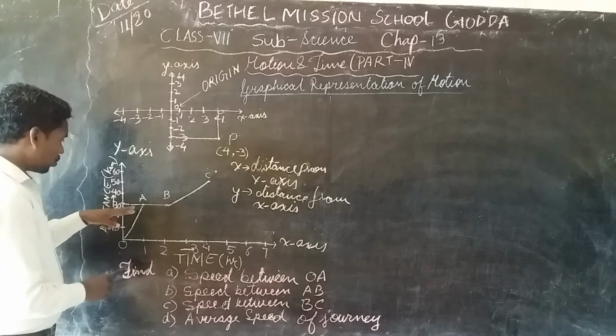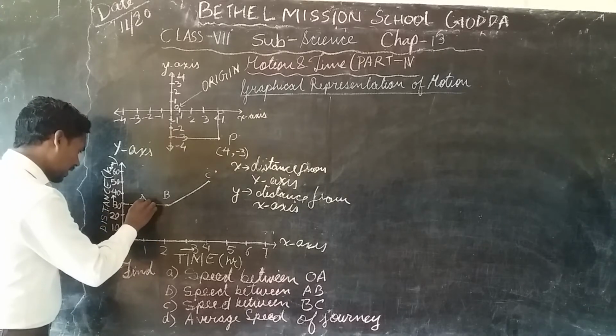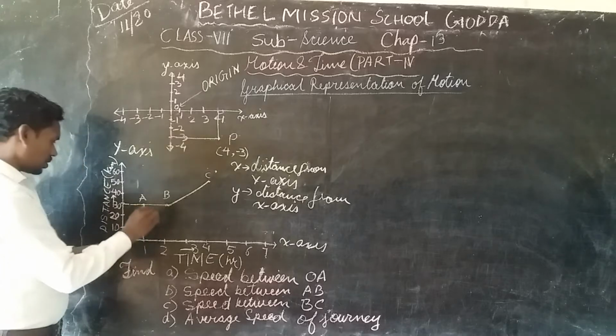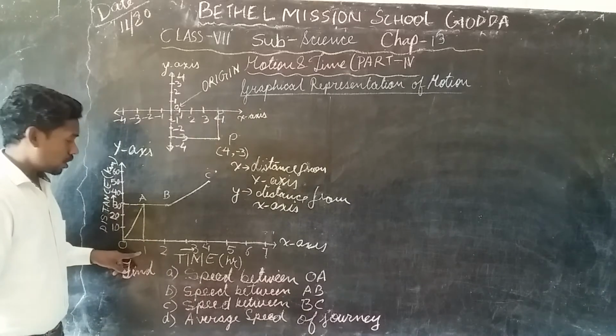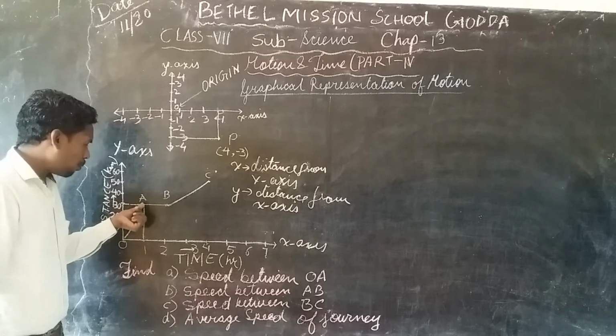So the distance traveled at A is 30 and the time taken at A is 1 hour.